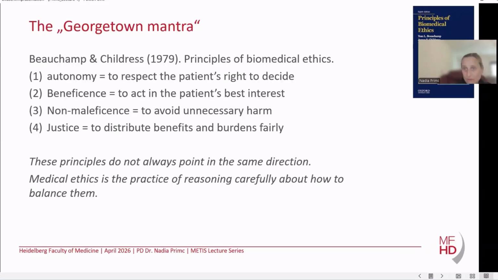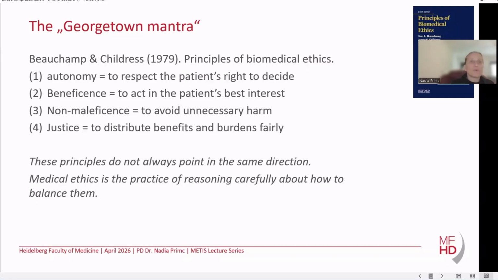So they are very famous and influential books. Principles of Biomedical Ethics was first published in 1979 and is now the single most influential framework in clinical and research ethics worldwide. You may encounter it in very different contexts, in ethics committees, in clinical guidelines, and sometimes even in legal reasoning about healthcare.